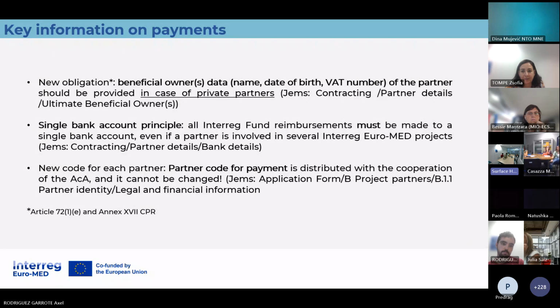And with the accounting authority for the payment, we created codes for each partner. We call it the partner code for payment. And in this summer break, we modified almost all of your application forms to enter this code in the application form, partner identity section.